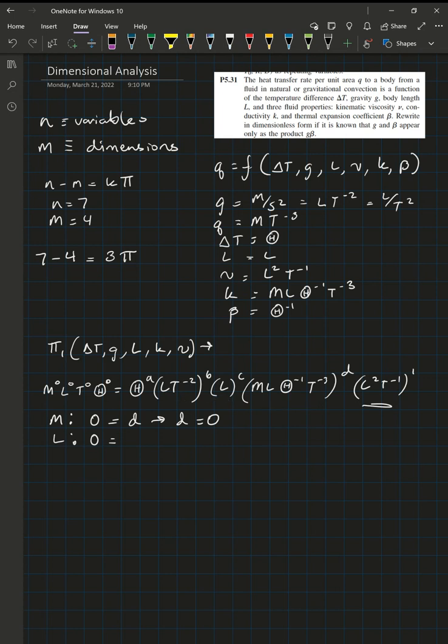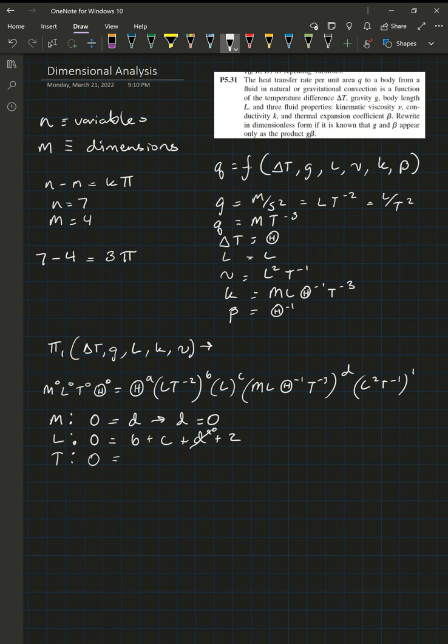So to represent this, since we have one L, it's just B, one L for C, which is just plus C, one L for K, which is plus D, and then I actually have two L for kinematic viscosity, and since it's raised to the power of 1, that's just plus 2. Now I know that D goes to 0, but I can't figure out what B and C are, so I'm going to move on to the next dimension and do the same thing again.